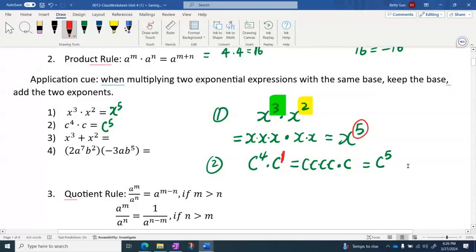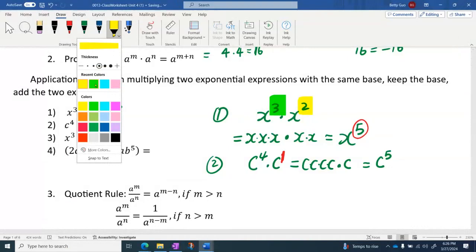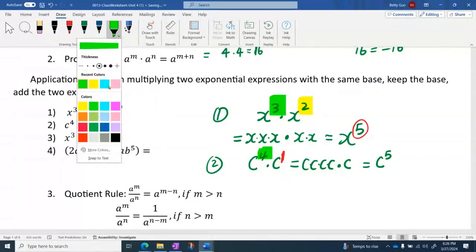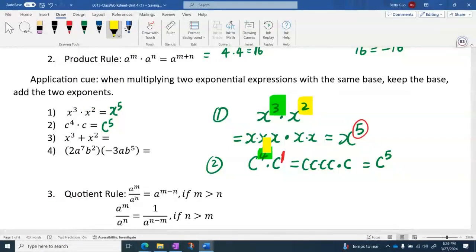in question number 2, the first part, c to the power 4, the exponent is 4, right? That means the first part contributes 4 c's. So we have 4 c's: 1, 2, 3, 4.